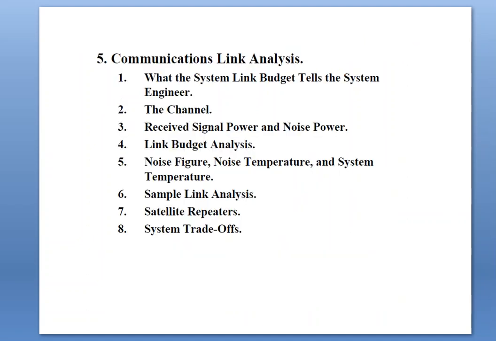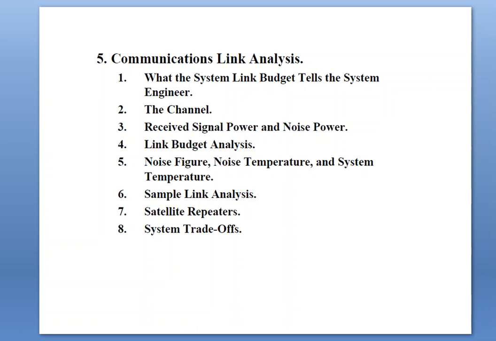In the communication link analysis, we discuss a few sections. Section number 1 is about what the system link budget tells the system engineer. Second one is about the channel. Third one, received power and noise power. Fourth one, link budget analysis.